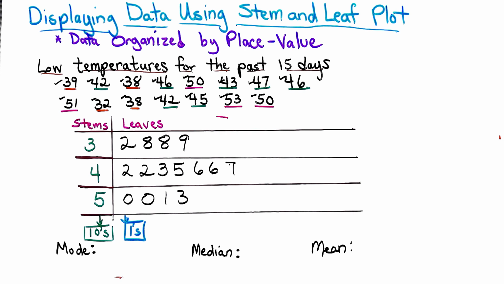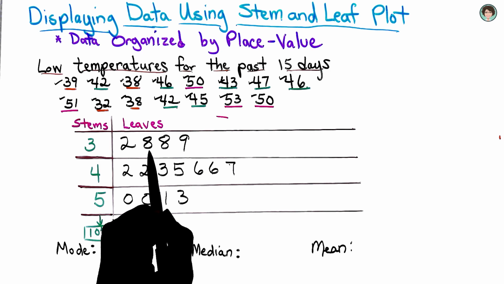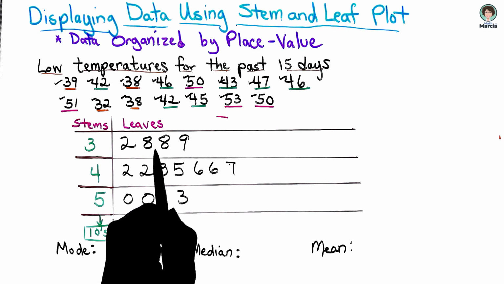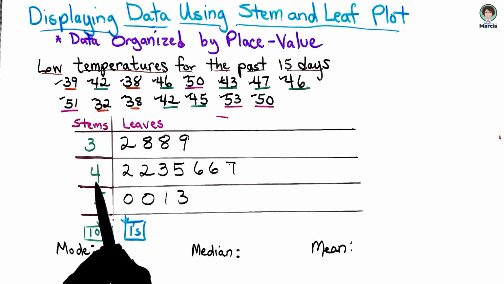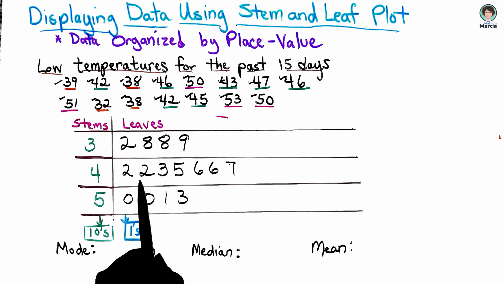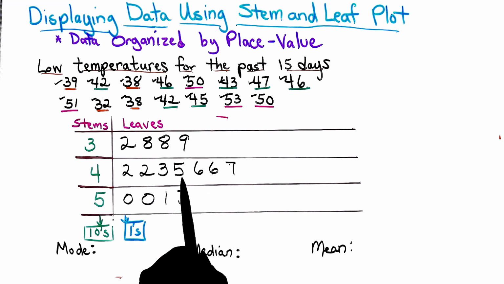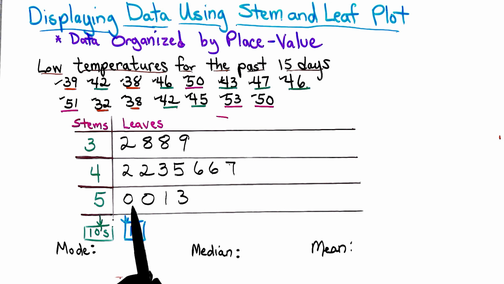The mode is the number that is listed the most. In this situation, I see that I have 2 38s, 2 42s, 2 46s, and 2 50s. There is not anything that has a 3 listing.